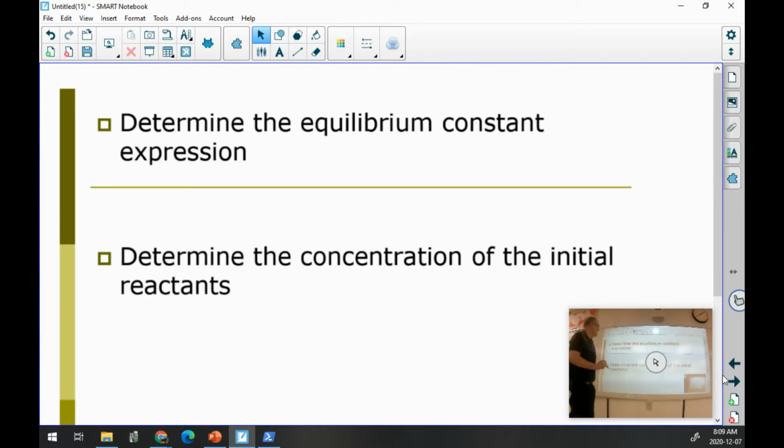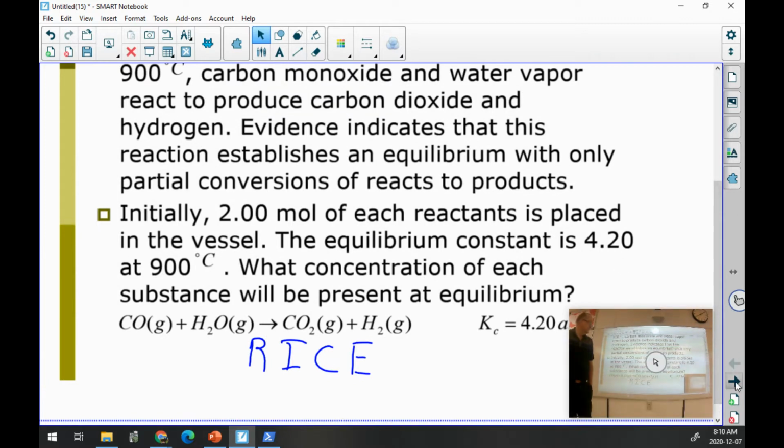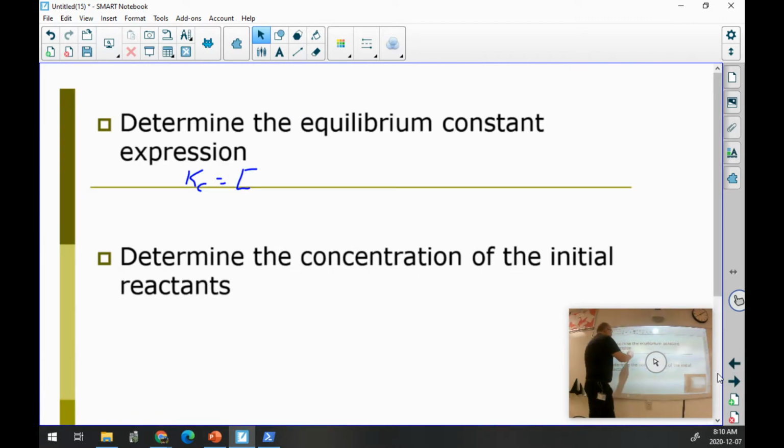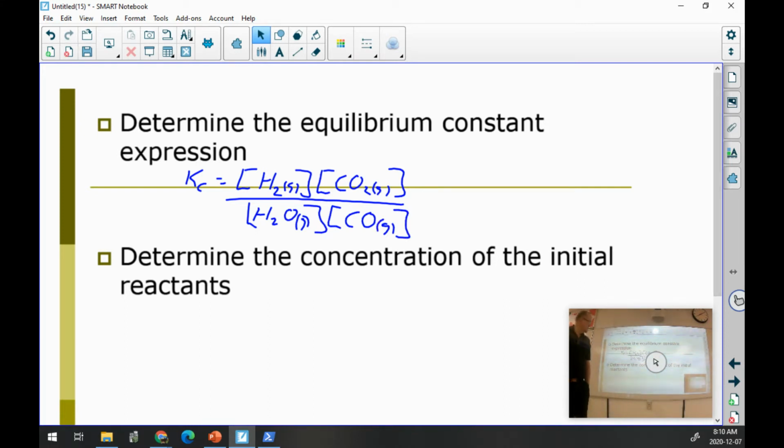So we have Kc is equal to the products, which is H2 gas, CO2 gas, both raised to the power of 1, over H2O gas and carbon monoxide gas. So there's your equilibrium constant expression.